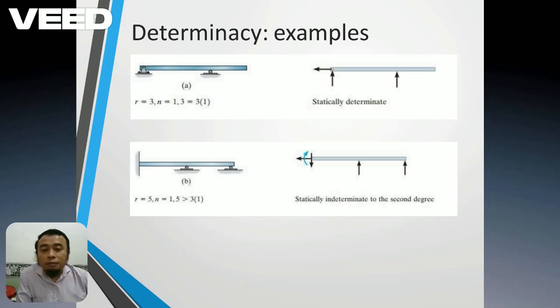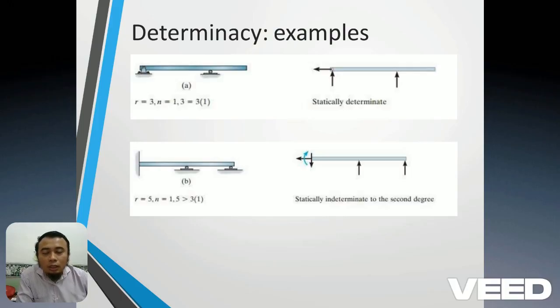So 5 is larger than 3 times n, 3 times 1. So it is statically indeterminate to the second degree, because you have 5 unknowns but only 3 equations. You need another 2 equations to solve the problem. So it becomes statically indeterminate to the second degree.